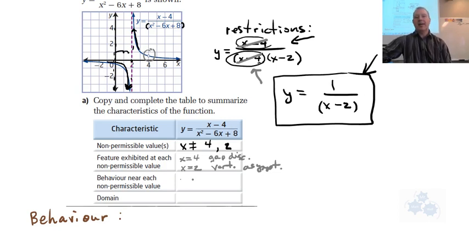This is the way I would say this, and you're going to have to do this on your assignment, so you might want to write this down. Left of x equals 2, y values approach negative infinity.